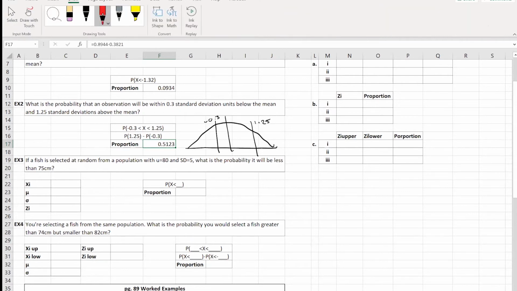If I was just doing the probability of negative 0.3, like what the value in the table is, this area over here, but that's not what we want. We want the area between these two, and that's why we subtract the probability of negative 0.3 from the probability of 1.25 so that we can get this area between them.